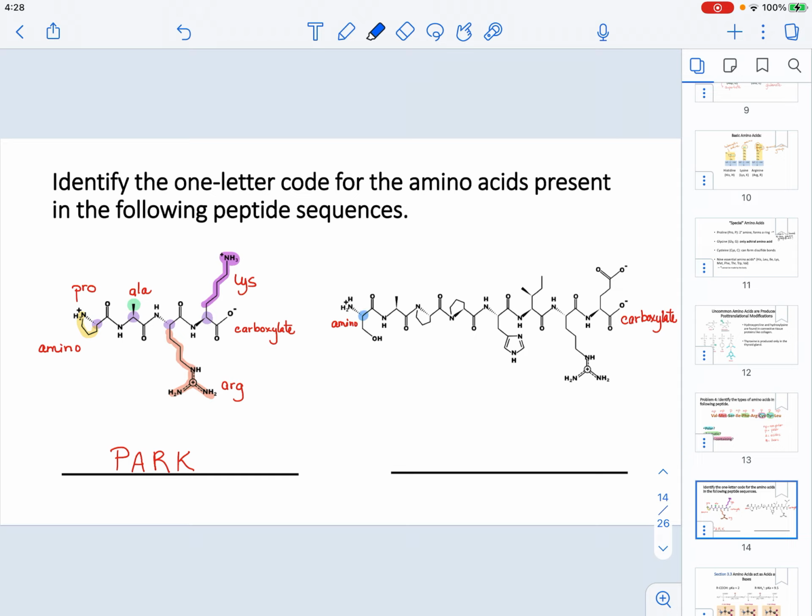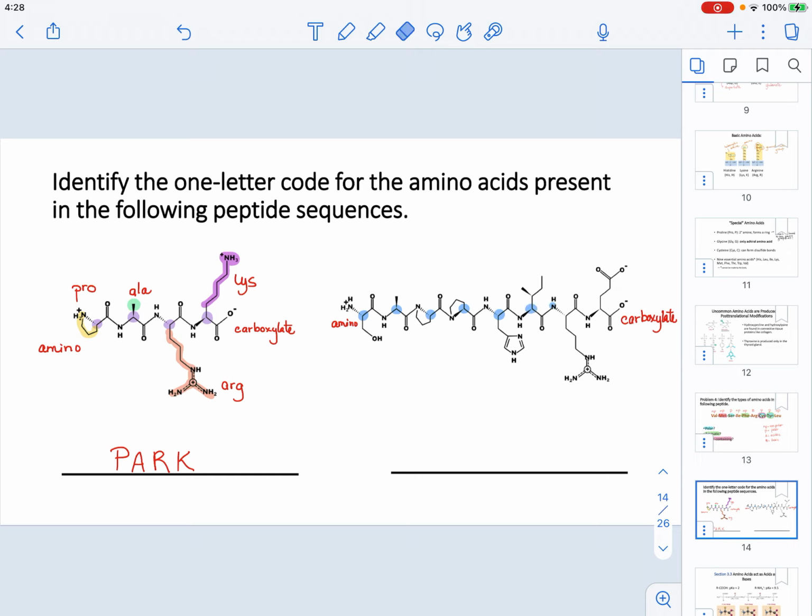Nitrogen, alpha carbon, C double bond O, repeated along the chain.